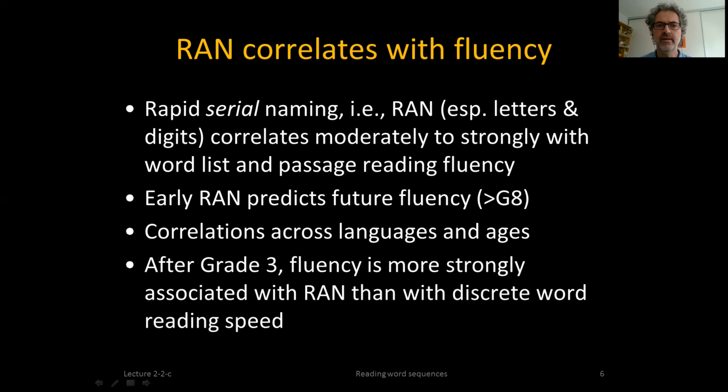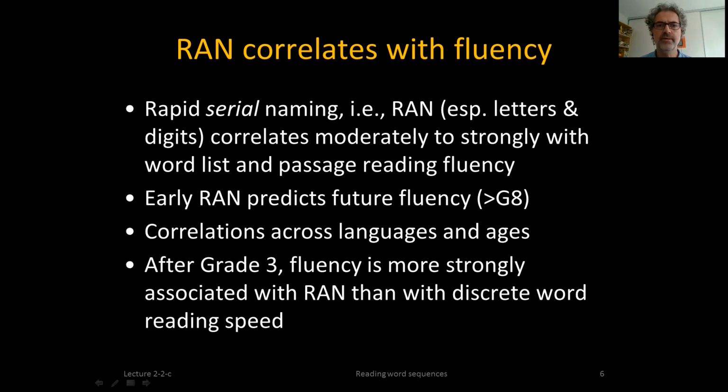Now, here is a very impressive finding that also holds across languages as far as we know. After grade 3, if you want to predict a child's word reading fluency, it is more informative to know this child's performance in RAN, that is, in naming sequences of digits, rather than to know the child's performance in reading individual words.